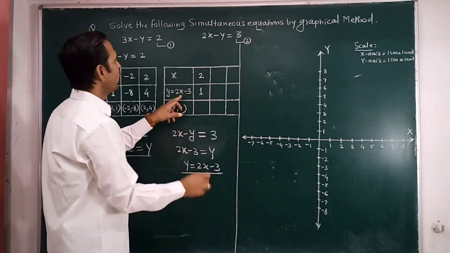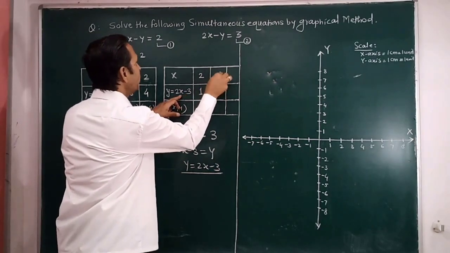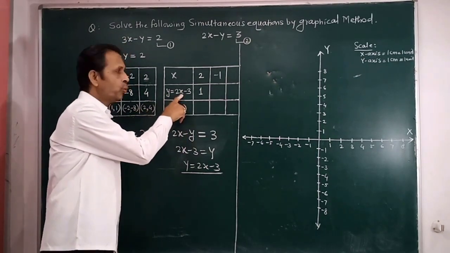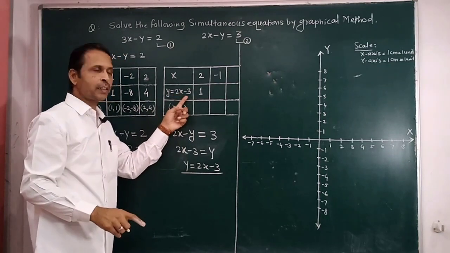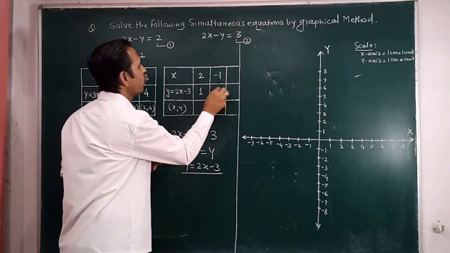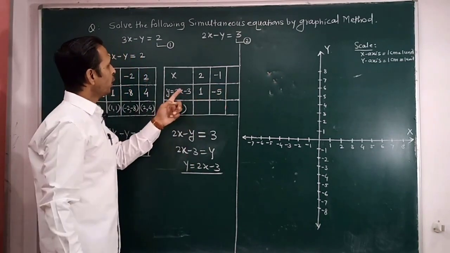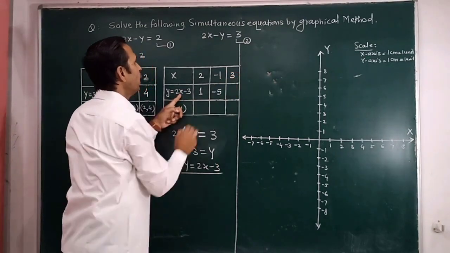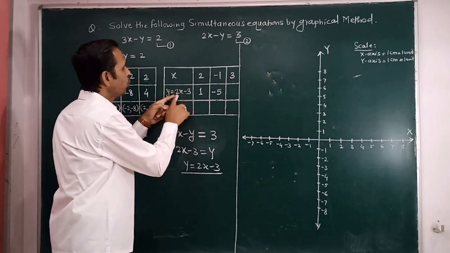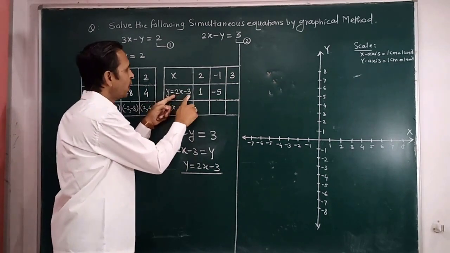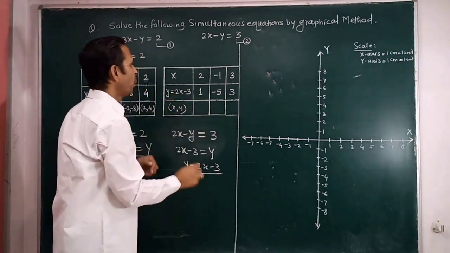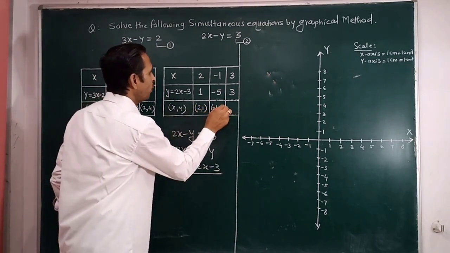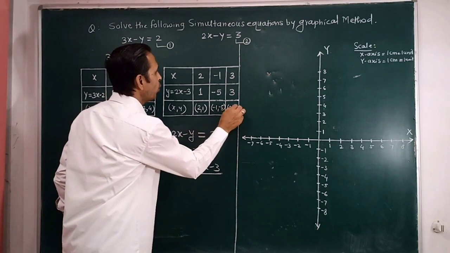Now take x equal to minus 1, then 2 into minus 1 is minus 2, and minus 2 minus 3 is minus 5. If you take x equal to 3 here, then what happens? 3 into 2 is 6. 6 minus 3 is 3. The coordinates are 2 comma 1, minus 1 comma minus 5, and 3 comma 3.